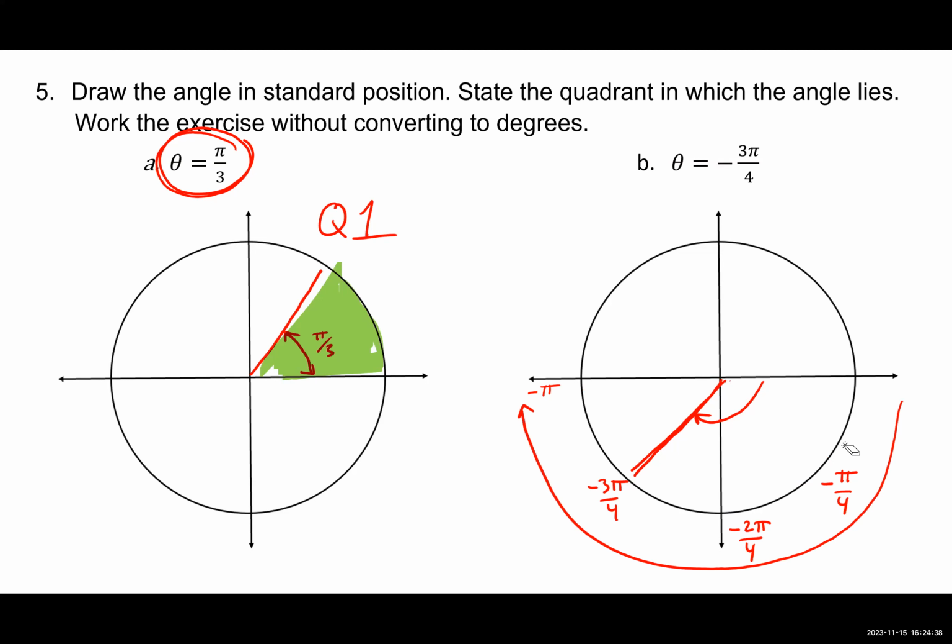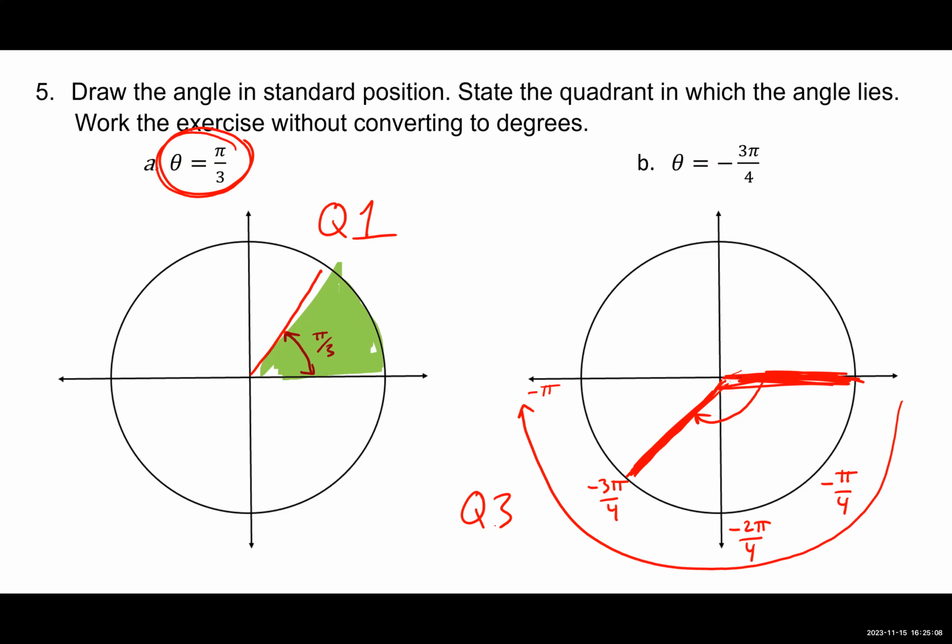So we want -3/4. So there's the angle, and that puts us down here in quadrant 3. So a positive angle and a negative angle are going to put you in different places on the circle.